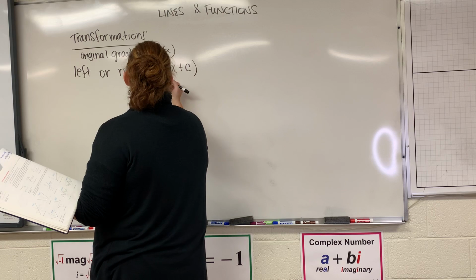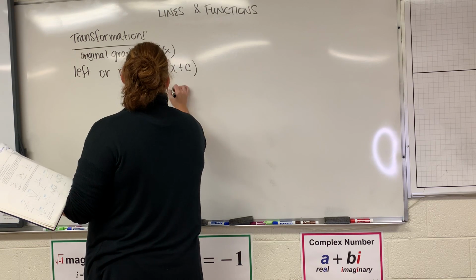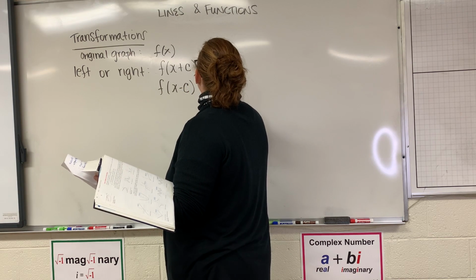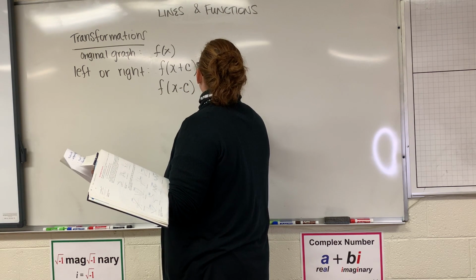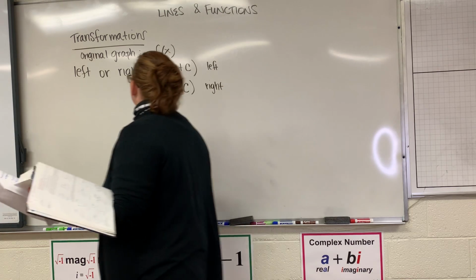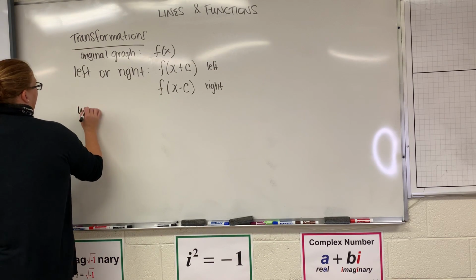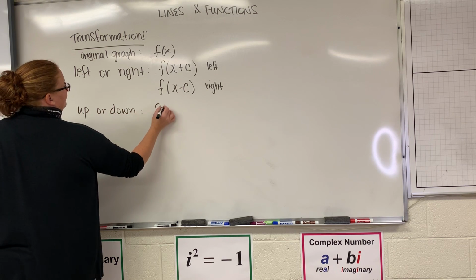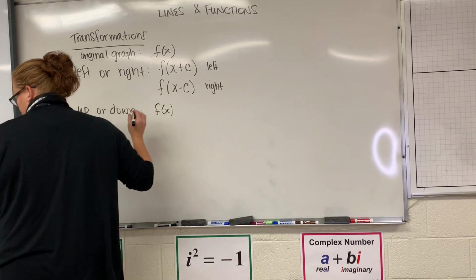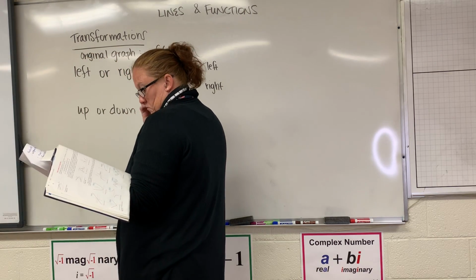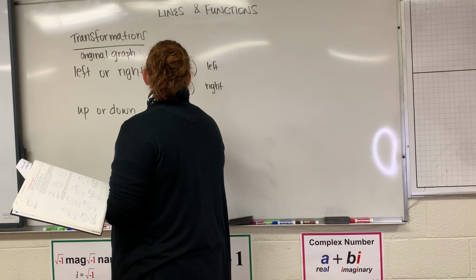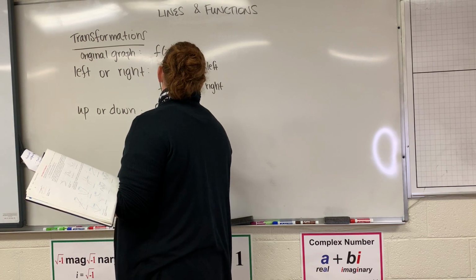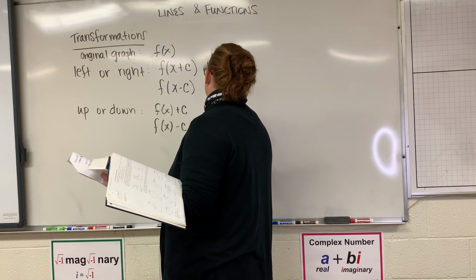It's x plus c, and right is x minus c. It's just being written different. So this is the left and this is the right. Okay, the up or down is going to be the function plus c. I'll do that part like they were. So that would be your up and that would be your down.